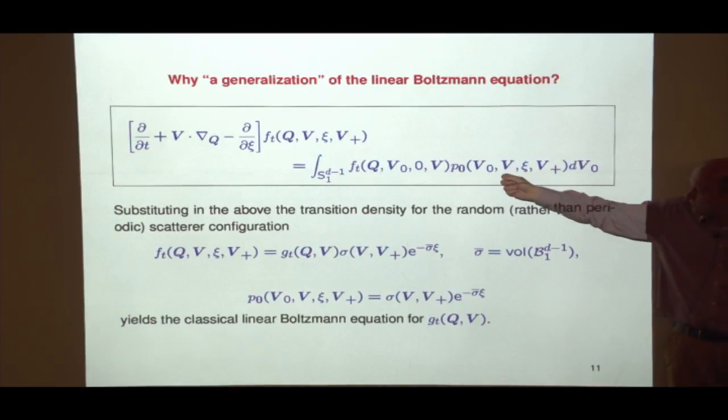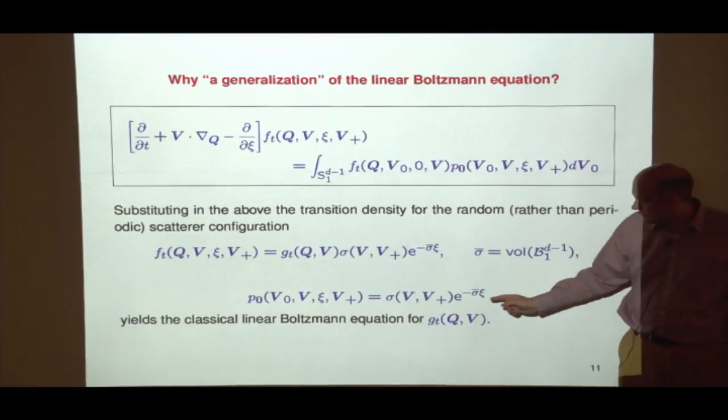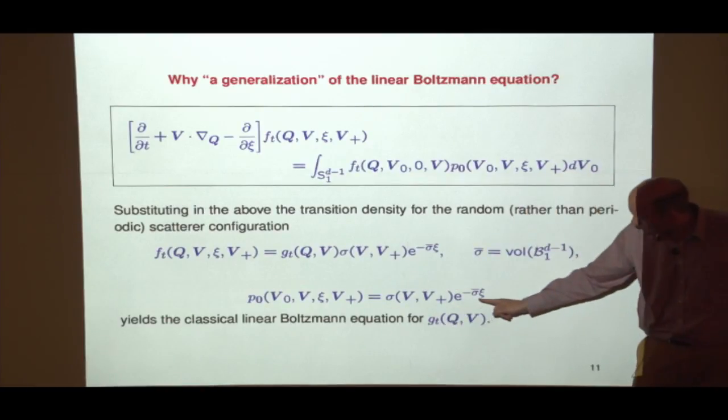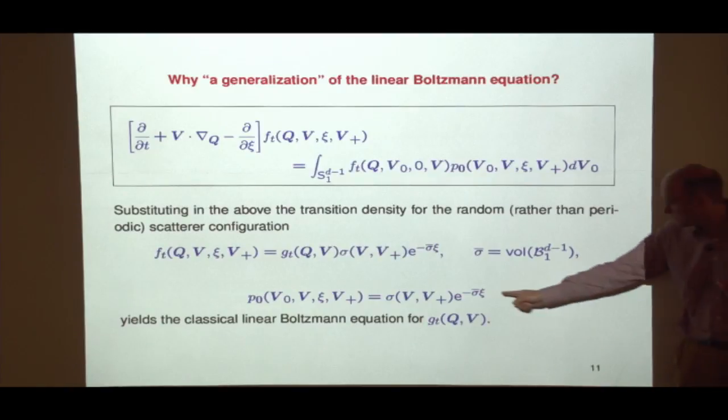Now, if you have a random scatterer configuration, you can do the same thing. You can calculate this function, and it'll look like this. So in the random scatterer configuration, the probability of hitting the next scatterer after time t will be exponentially distributed, e to the minus t.